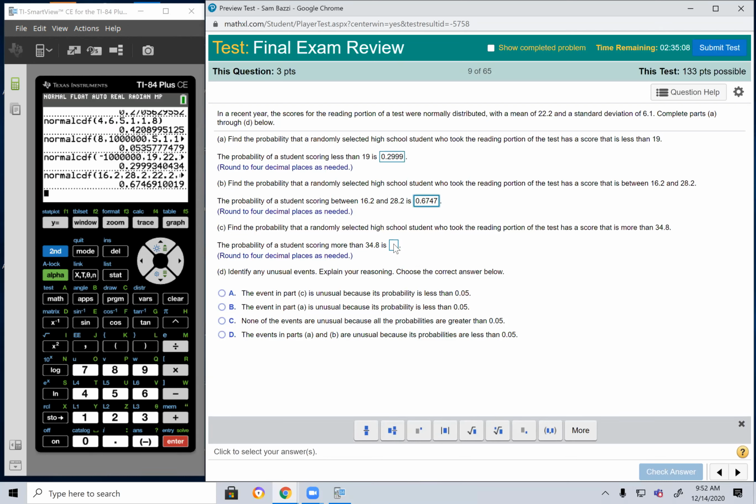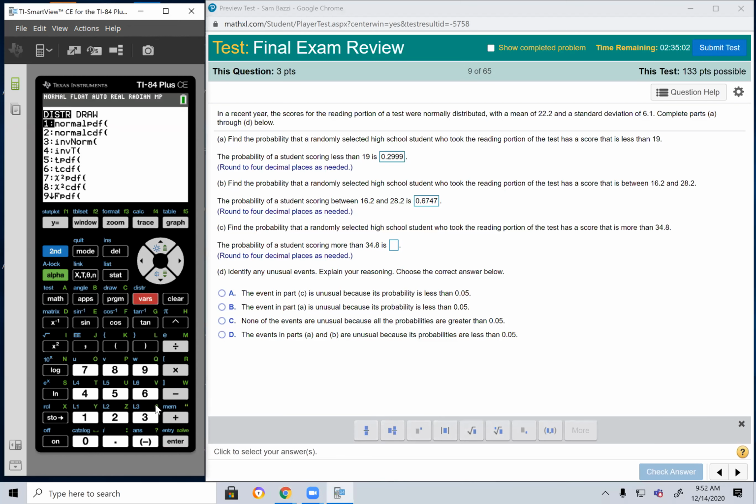And what's the probability that randomly selected high school students has a score of more than 34.8? More than 34.8, so 34.8 is the lower. The upper is 1,000,000.